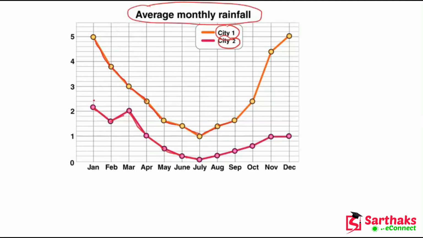On the x-axis we have January, February, March, which means we have months, and on the y-axis we have the data. Got it? So we are going to compare the rainfall of two cities. That's why we are making two lines, first one and second one. This is a double line graph.